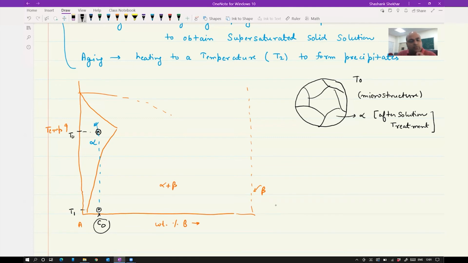So when we do solution treatment, we are going to form alpha, which is a solid solution. Now when we quench it, we are going to form supersaturated solid solution, which I also mentioned here. Okay, so all the B atoms are inside the matrix and it is supersaturated, and that supersaturation is given by this difference.